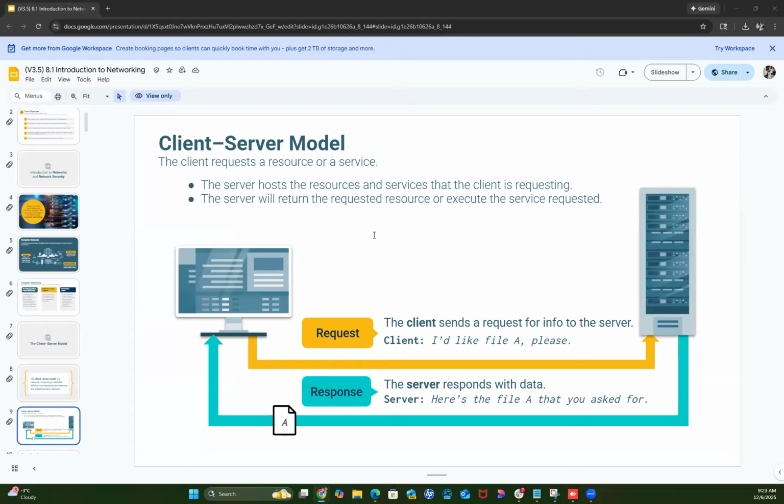The server hosts the resource and service that the client is requesting. The server will return the requested resource or execute the service request. So you understand this client server model.